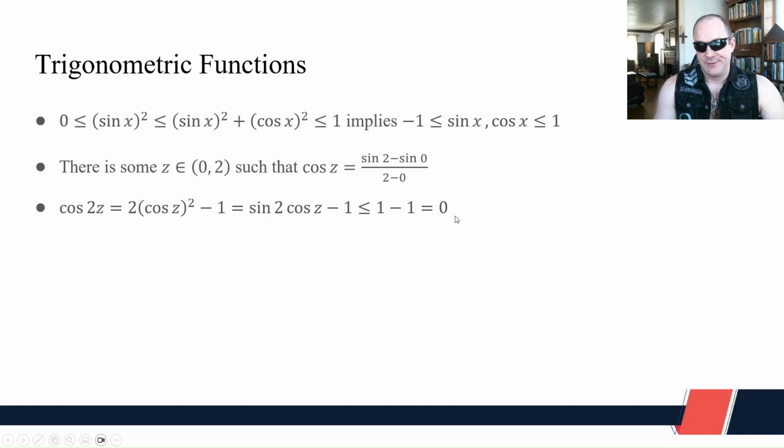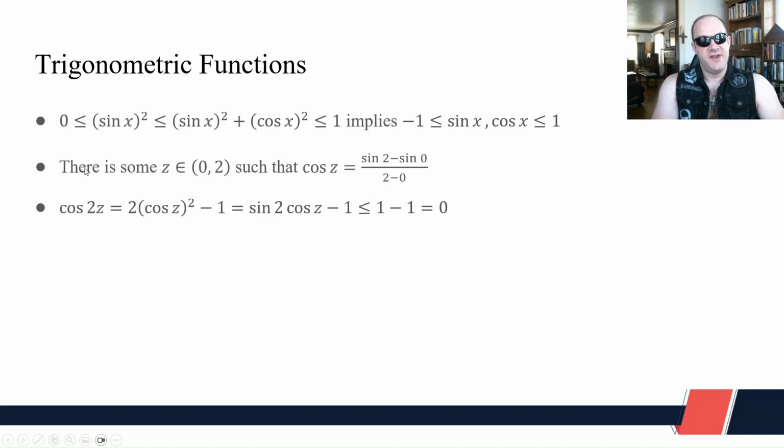So either cosine of 2z is 0, in which case we found a 0 of cosine, because up until this point, we really don't even know that cosine takes the value 0. Because all we know at this point is that cosine of 0 is 1. Maybe it never takes the value of 0.